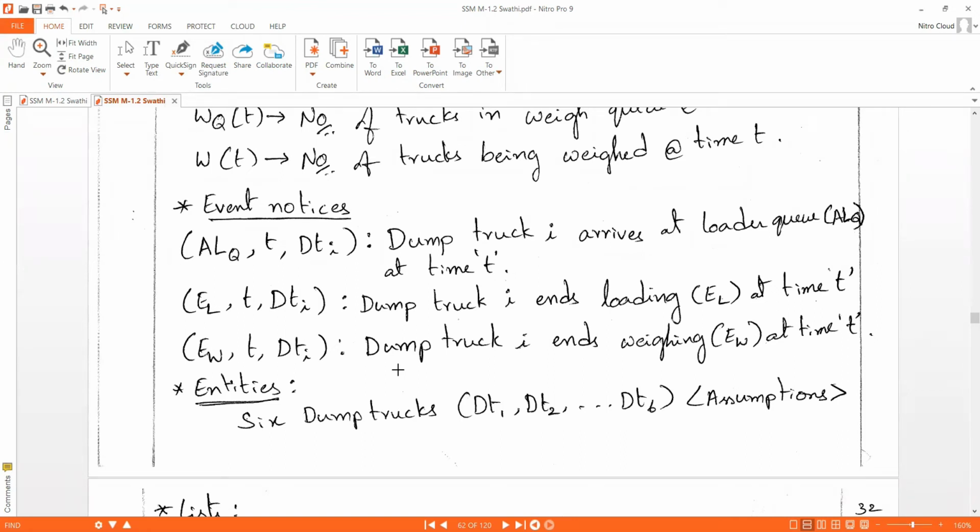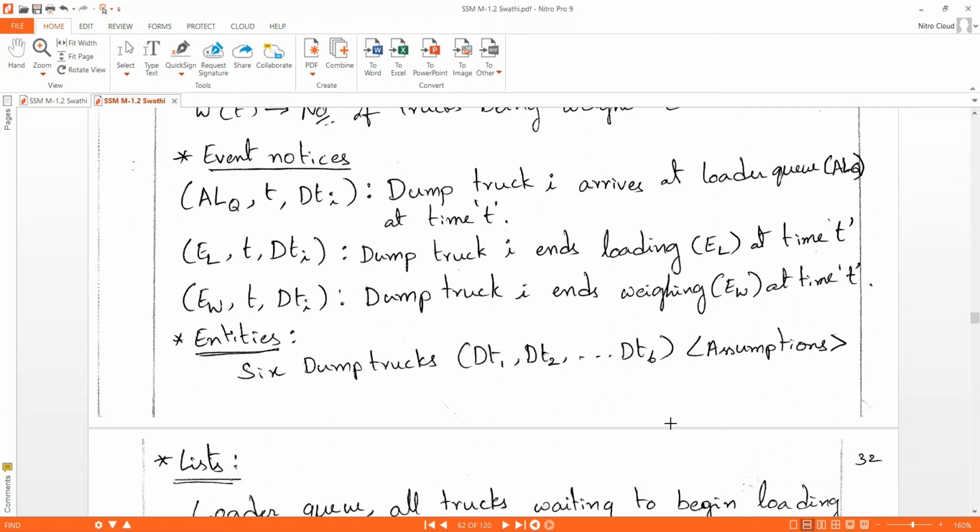Here the entities are 6 dump trucks, represented as DT1, DT2, DT3, DT4, DT5, DT6. DT1 is dump truck 1, DT2 is dump truck 2, and like that we have represented 6 dump trucks from DT1 to DT6.